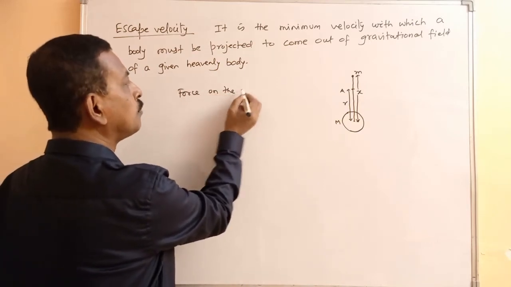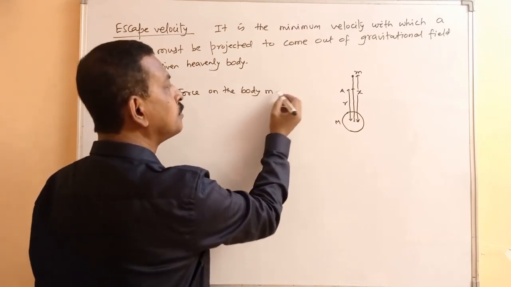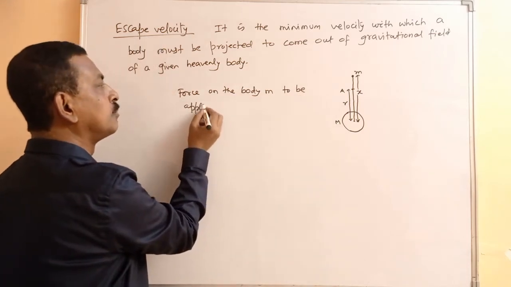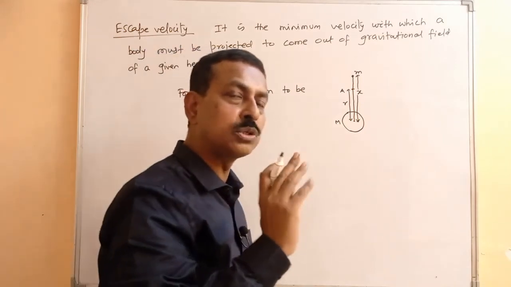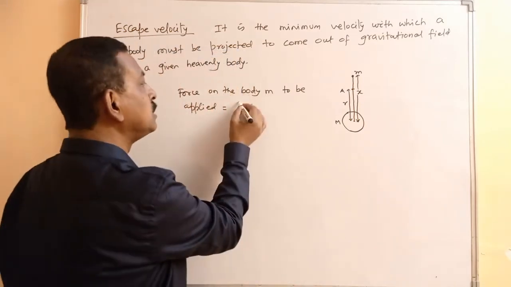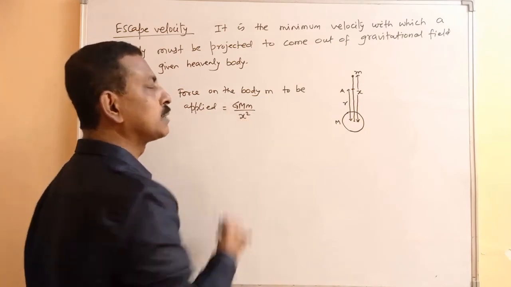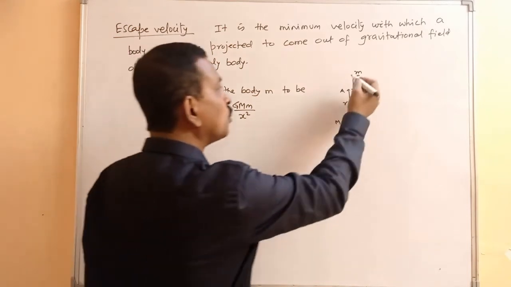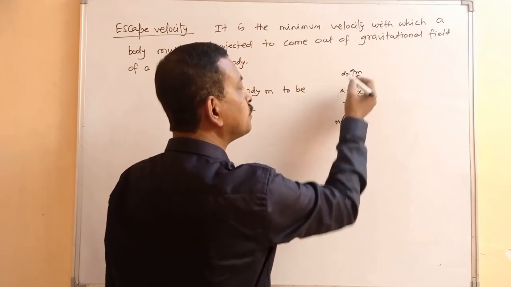on the body m to be applied, because we have to apply a force which can overcome the gravitational force. So that will be GMm by x square. And suppose with this force we displace it through dx.